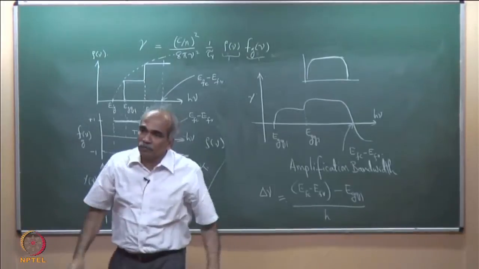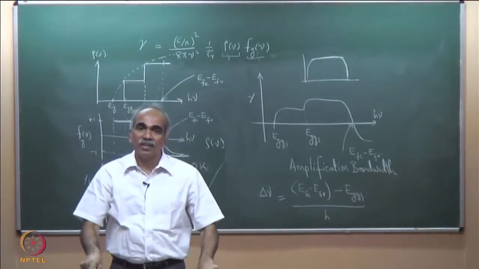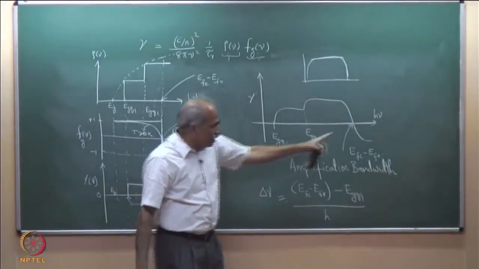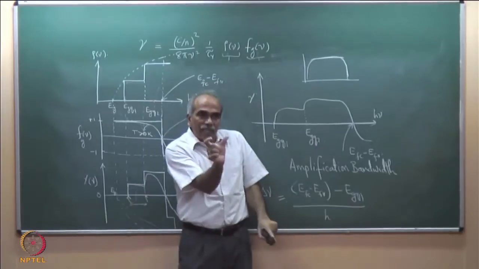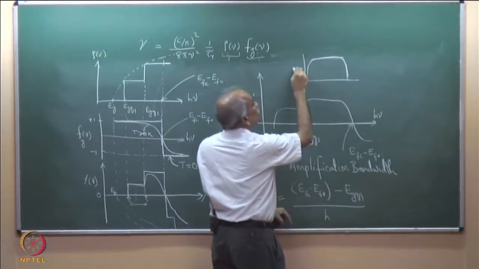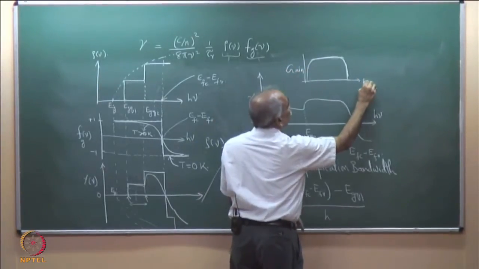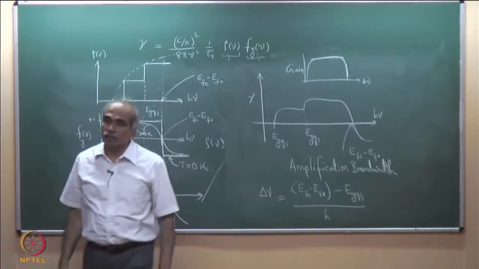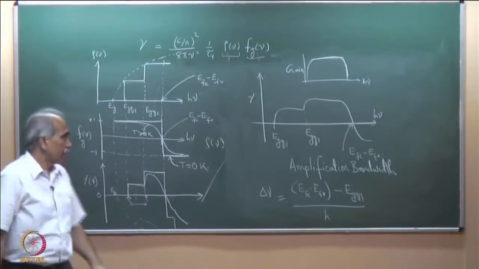The ideal amplifier characteristic is that you want the gain to be flat like a box. So if you properly design and shift this here, of course the range is small, but you will have a box. So this is gain versus frequency or energy, a flat band quantum well amplifier.